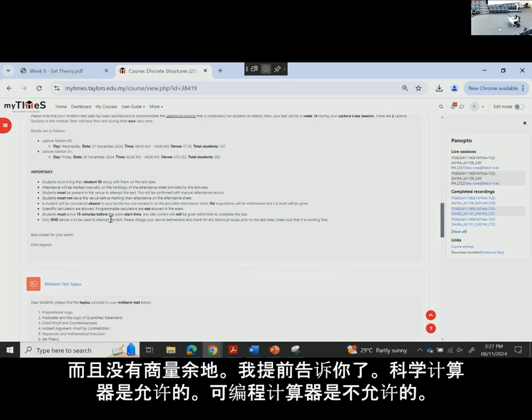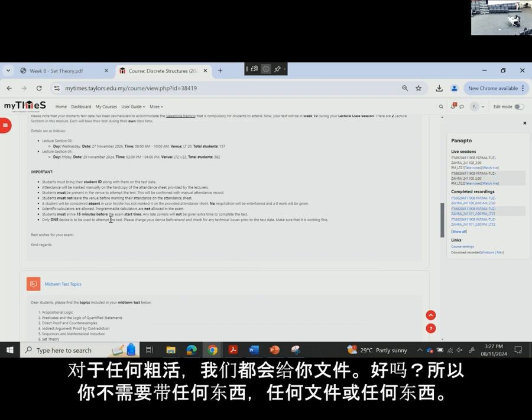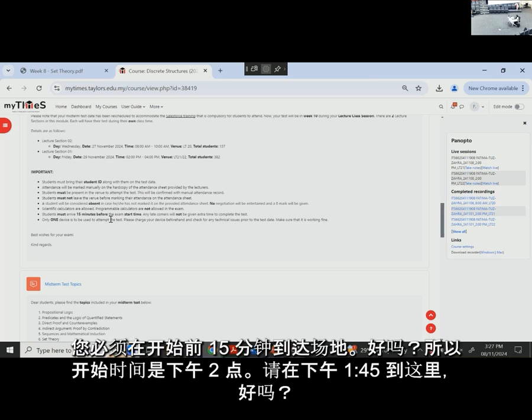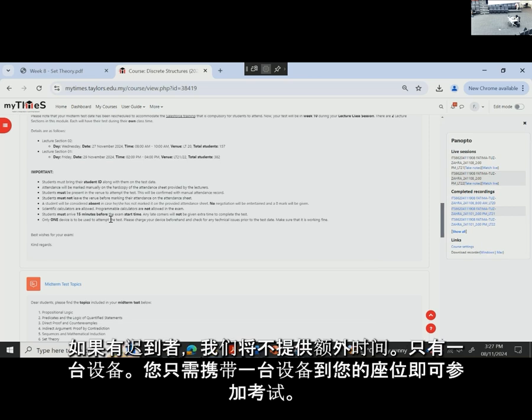I'm telling you beforehand. Scientific calculators are allowed, programmable calculators are not allowed. And for any rough work, we will give you papers, okay? So you don't need to bring any paper or anything. You must be present in the venue 15 minutes before the start, okay? So 2 p.m. is the starting time, please be here at 1:45 p.m., okay?